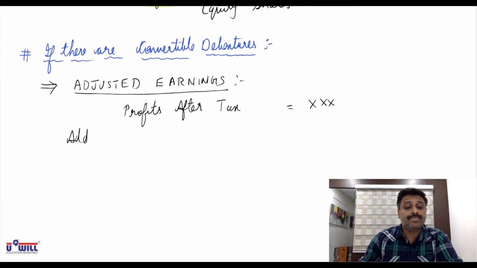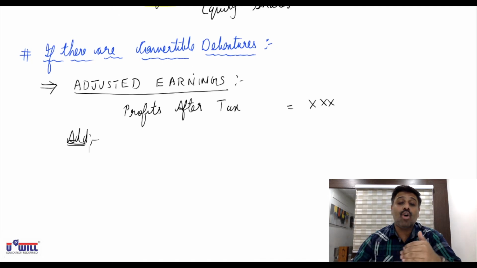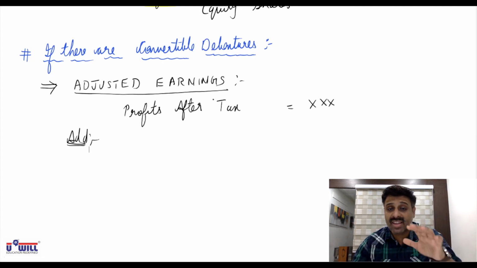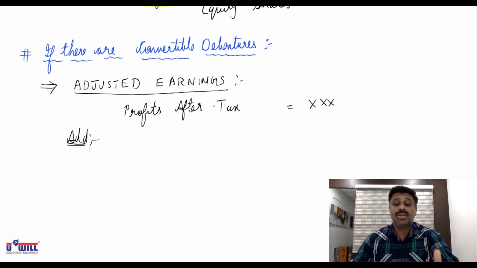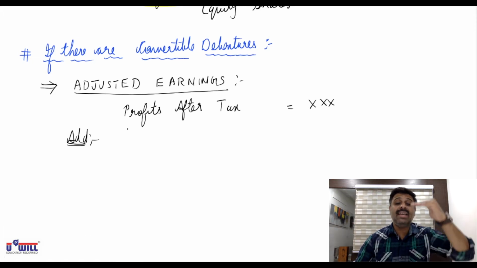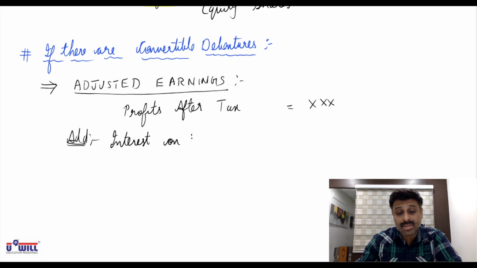Now in future, if debentures get converted into equity shares, then we will not have to pay them the interest that we are paying right now. So in future, our profit will increase by the amount of that interest. So we will add interest on debentures.